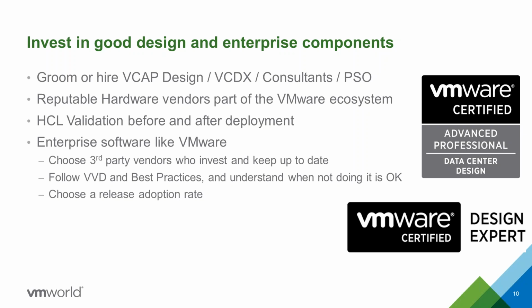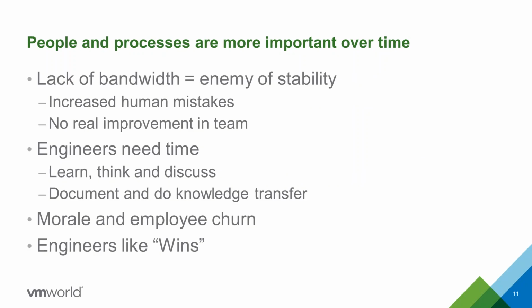When you have good design, you eliminate single points of failure. You make sure they have an answer for failure scenarios. So it's good to invest the time in those things. But once that is deployed, once that's sent out to the field, people and processes are more important. And the number one enemy of stability, in my opinion, is lack of bandwidth.